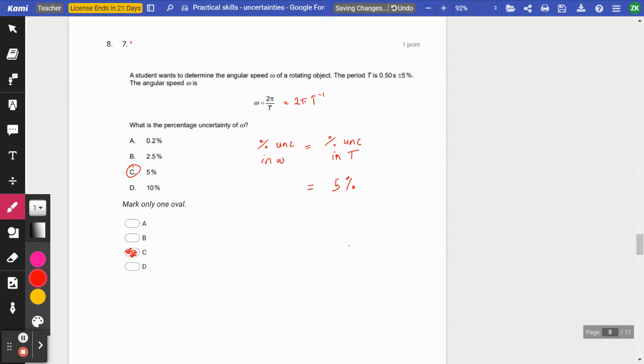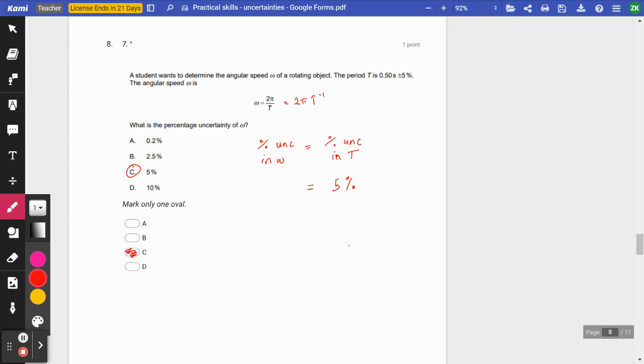Okay, so when we're working out percentage uncertainty in omega, which is the angular speed, look at the variables, that's only time. So it's the percentage uncertainty in the time. You can multiply by minus 1, but timesing by 1 or minus 1 doesn't really affect the size of the percentage uncertainty.